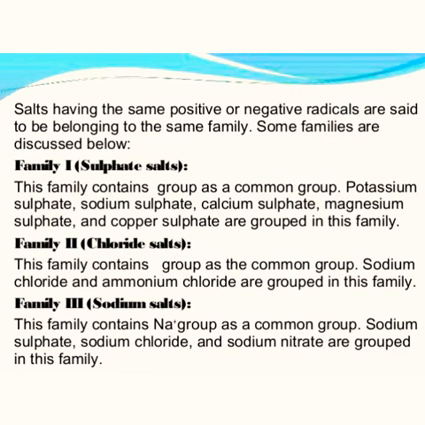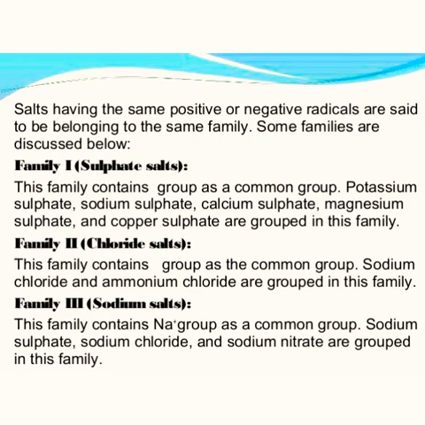First one is sulfate salt. This family contains a common group, that is sulfate group. Some examples are potassium sulfate, sodium sulfate, calcium sulfate, etc. Here sulfate belongs to the same group of negative radicals. The second family is chloride salt, that is sodium chloride, ammonium chloride are examples for this.